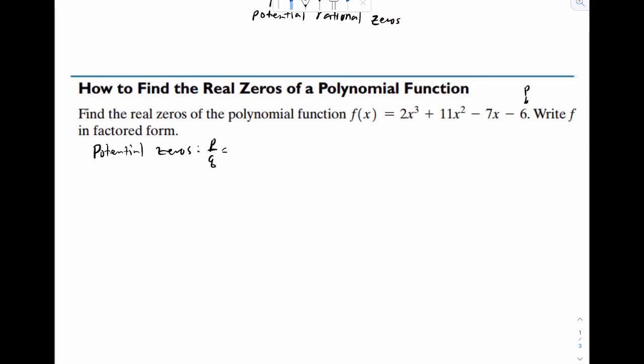So again, note p, q, plus or minus. Factors of 6 are 1, 2, 3, 6. Factors of 2 are 1 and 2. So now we condense it. That's going to be 1, 1/2, 2, 3, 3 over 2, and 6.